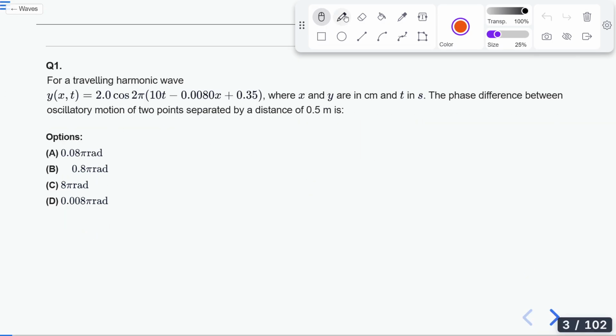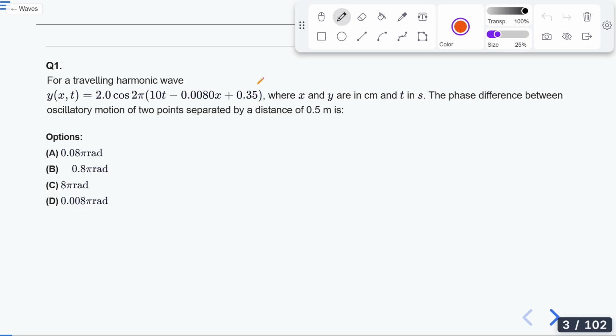For a traveling harmonic wave, y(x,t), the equation of the wave is 2 cos 2 pi (10t minus 0.0080x plus 0.35).